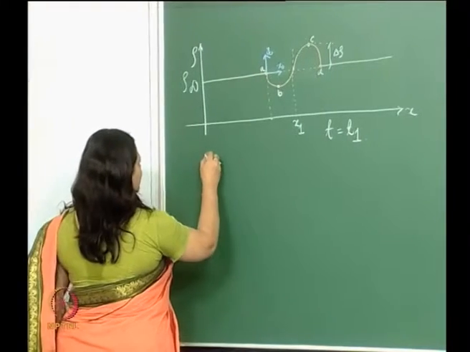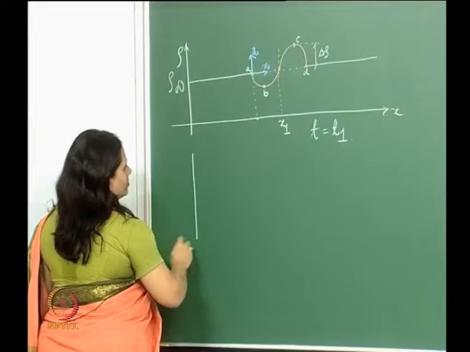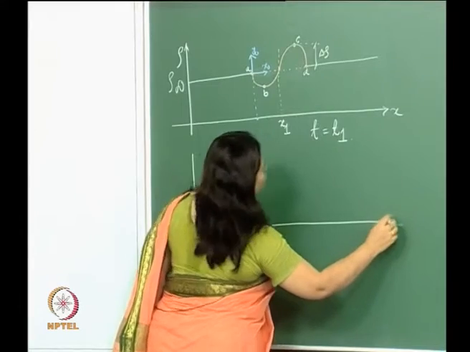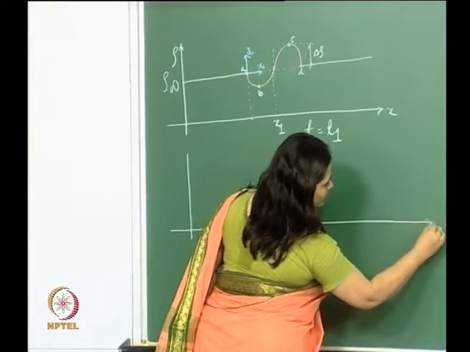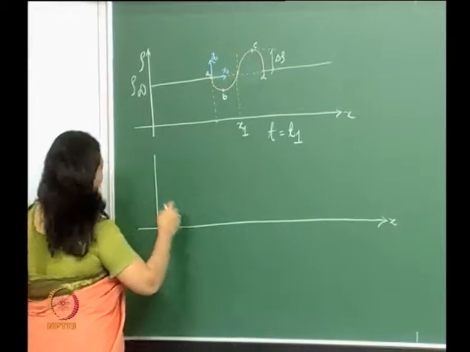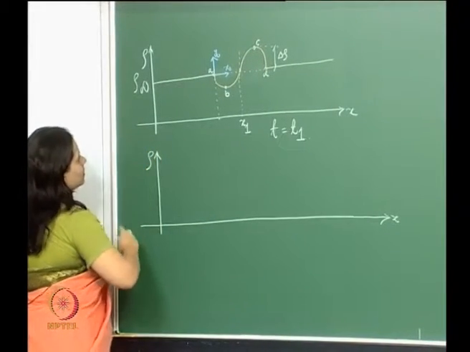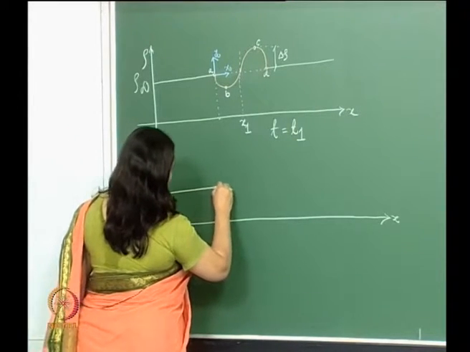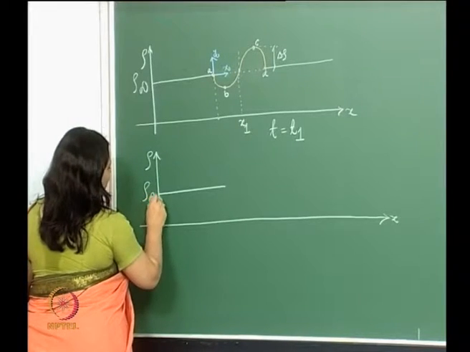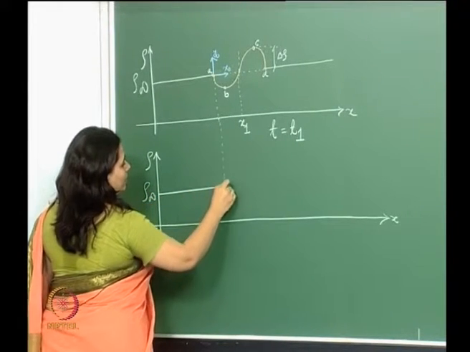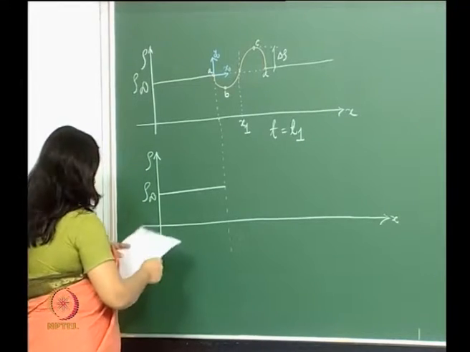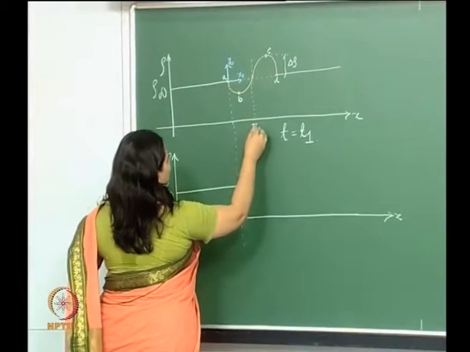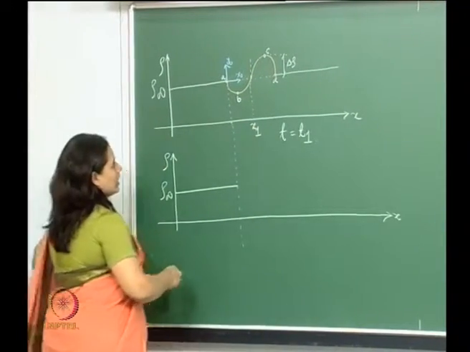So, again I am basically going to try and reproduce the same picture here. We have rho infinity. So, what happens to this thing here?